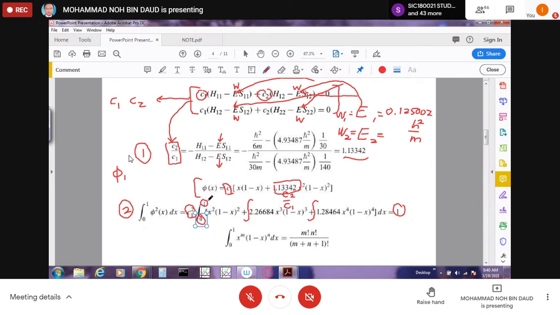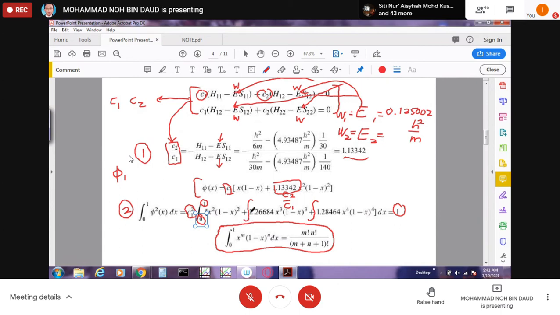You can use these standard integrals from the mathematical tables of integrals.